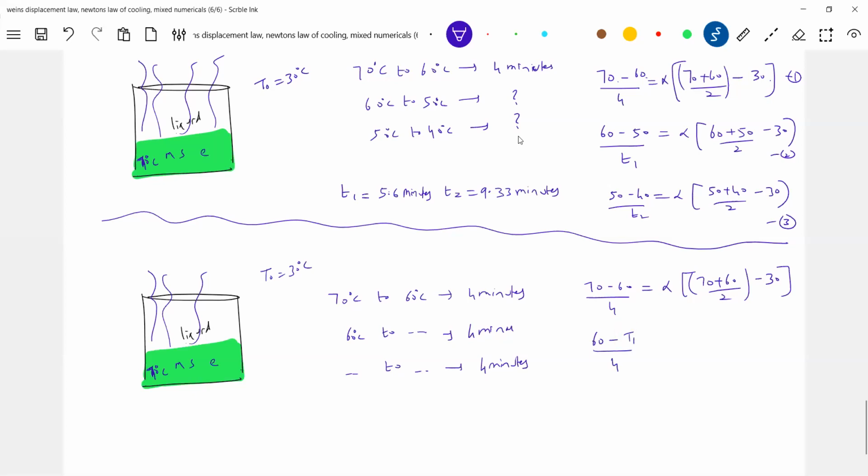This time we know it, 4. This will be 60 plus T1 by 2 minus 30. Similarly, this will be final. T2 we don't know, and this is T1. T1 minus T2, it should be.